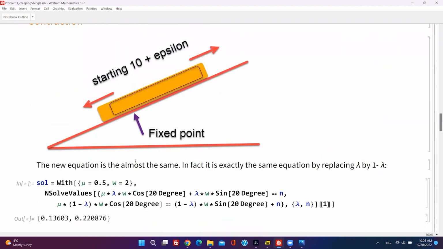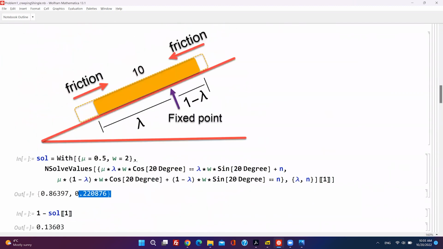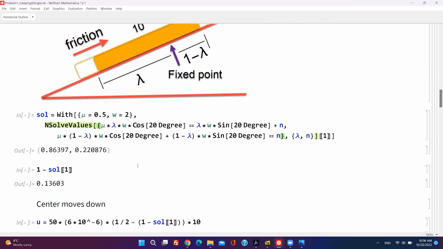So say the fixed point is around 80% of the whole length. In the contraction, it moves to the opposite side, just reflecting that point with respect to the midpoint of the shingle.